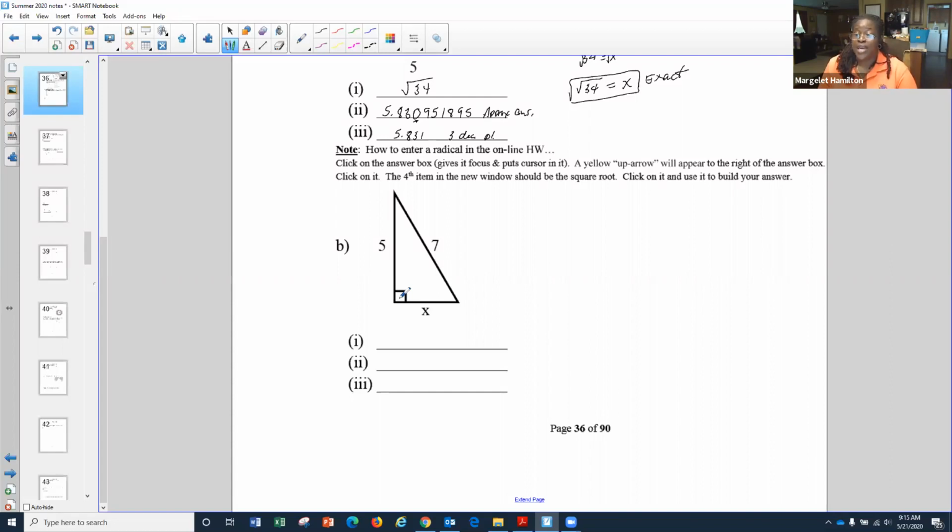So use that. Some of you may know the syntax already and you can type it in yourself, and that's fine. Make sure you click the preview button all the time and make sure your answer appears the way you want it to appear. You don't want to get it wrong because you have a syntax error, because you put something in the wrong way.